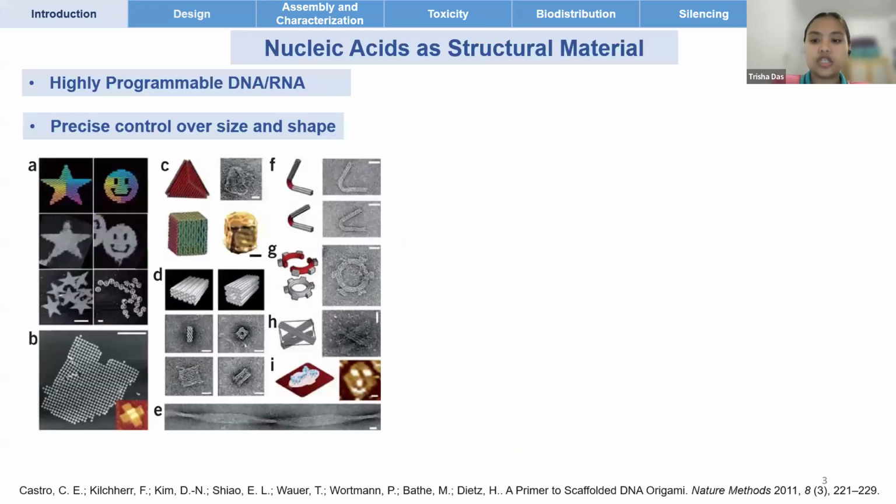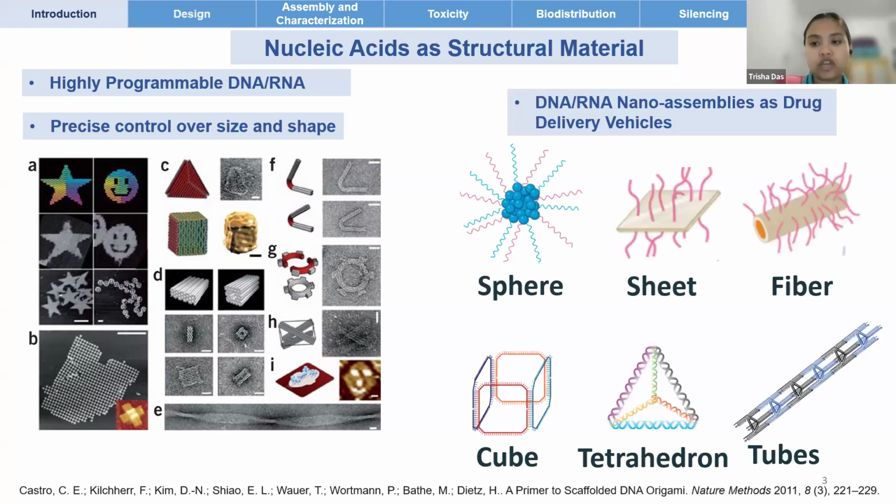In our lab, we essentially use nucleic acids as therapeutics, but also as structural material. So, based on the highly programmable nature of DNA and RNA, we can essentially make different shapes and sizes and structures from it, and then precisely control these sizes and shapes because of their highly programmable nature. In our lab, we essentially work with two different kinds of DNA and RNA assemblies.